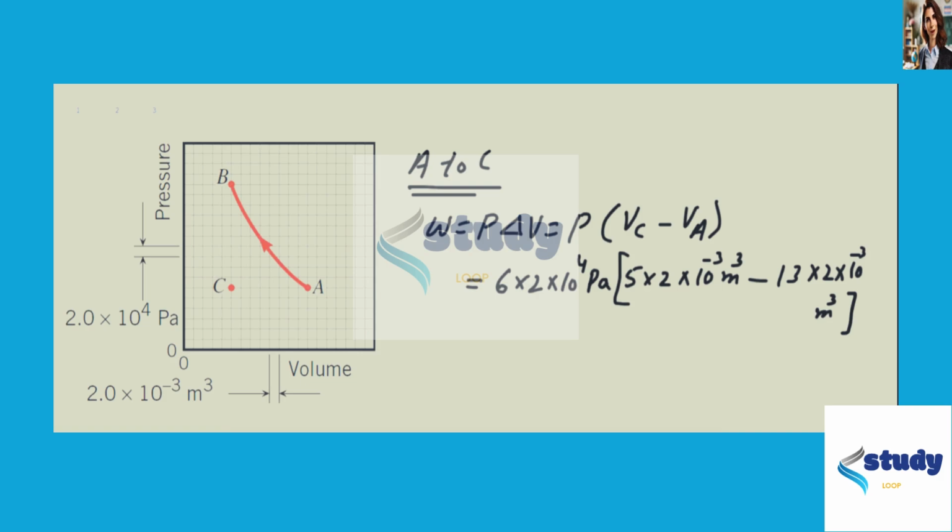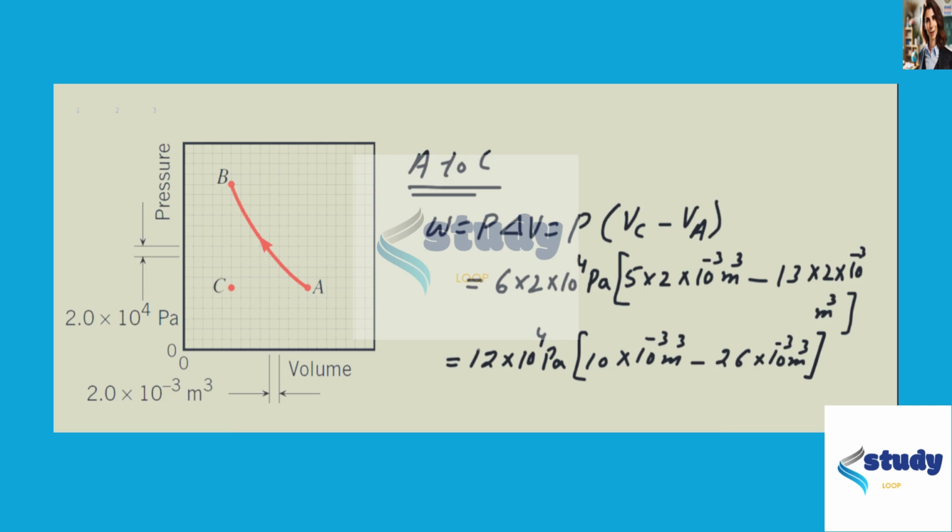So this gives us pressure equal to 12 times 10 to the power 4 Pascal into volume of point C, which is 10 times 10 to the power minus 3 cubic meter, minus volume of point A, which is 26 times 10 to the power minus 3 cubic meter.